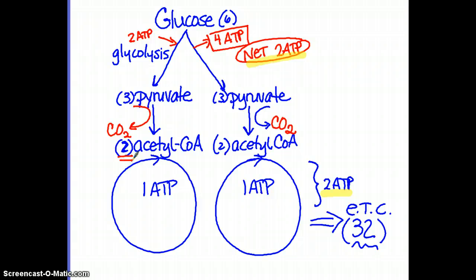And literally all that's going to happen to our acetyl group through several reactions is each of those 2 carbons is going to split off, and we're going to get from the 1 acetyl group, which was 2 carbons, 2 carbon dioxides. So 2 CO2, 2 CO2, and that's where we get our total of 4 carbon dioxides.